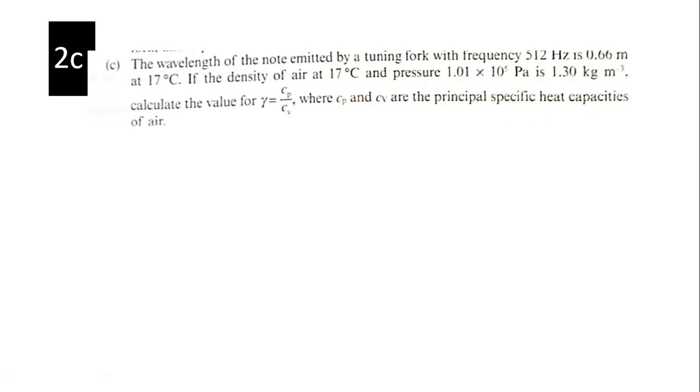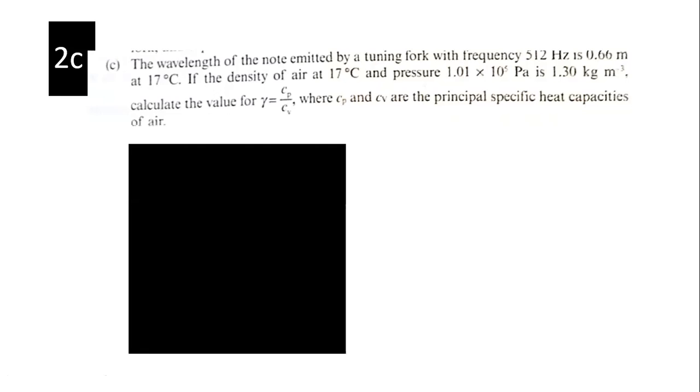This one may not be in the syllabus, but doesn't matter. You can calculate it out. Speed is f times lambda. So you want your speed: the frequency and the wavelength are given. Calculate the speed.